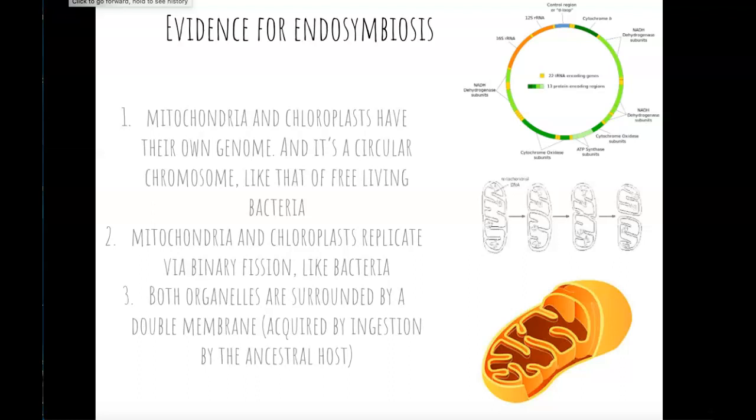You don't inherit your mitochondria from your father's cells, and it's because in those egg cells they have mitochondria, and those divide by binary fission and get put into all of her egg cells. There's not mitochondria generally in sperm cells, and so therefore you're not inheriting it from your father.